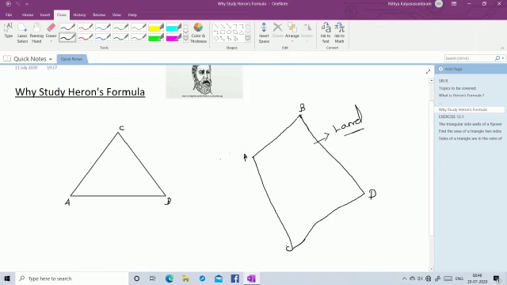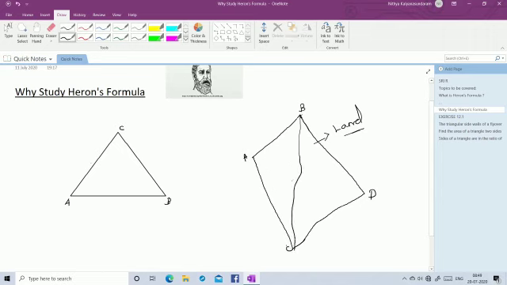We have real life situations where we have to find the area of a triangle or area of land. Let's suppose we have a land like this. How will you find the area of this land? First we need to measure the sides of the land. By using a measuring tape, we can find the sides of the land. Then this land is divided into two triangles.